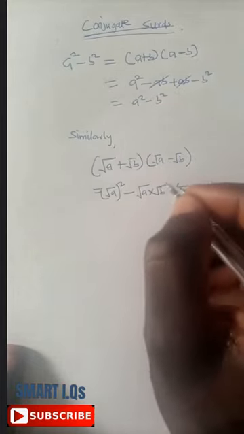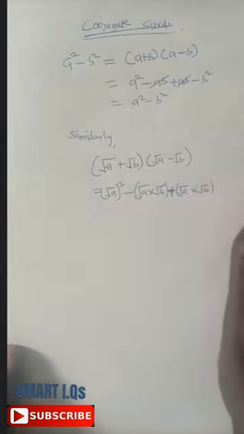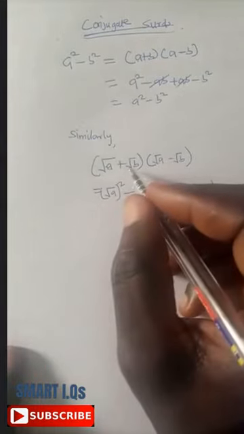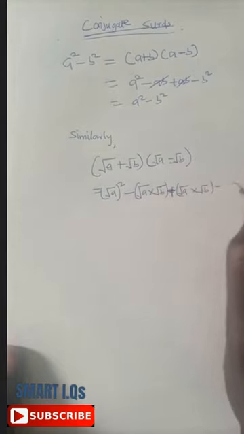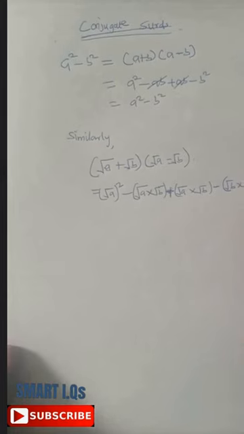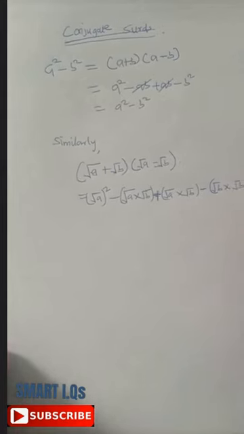Let's put them in brackets so that it will be easier for us. Then finally, this times this, that means minus the square root of b times the square root of b. So this is what we have.